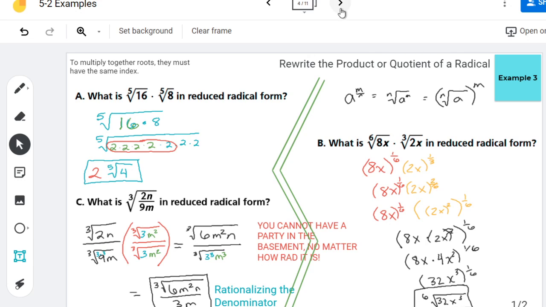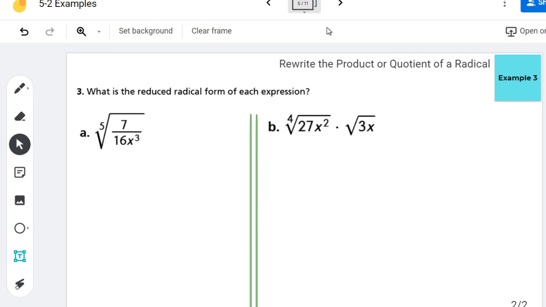Okay, so let's do some more examples. Here we have another fraction, and in our heads we're going, oonts, oonts, oonts, because there's that party in the basement. I'm going to break that up into 2 radicals. So I have the 5th root of 16x cubed.